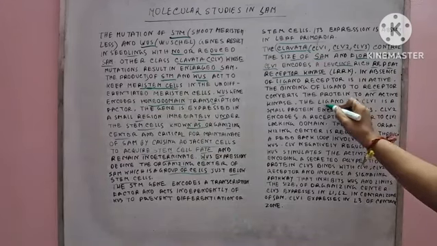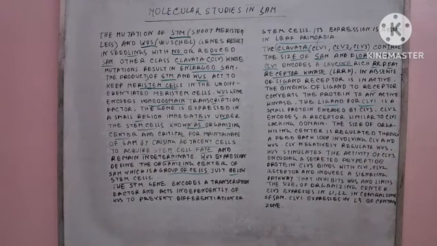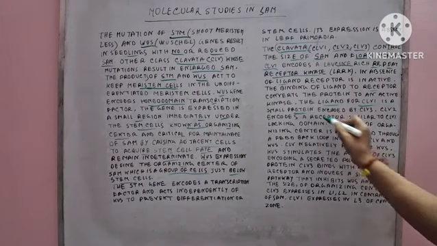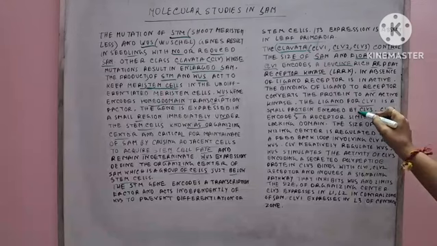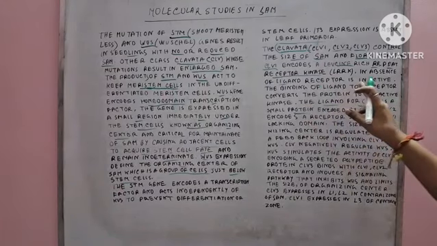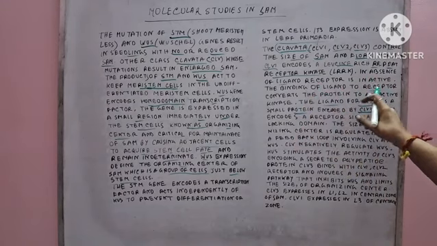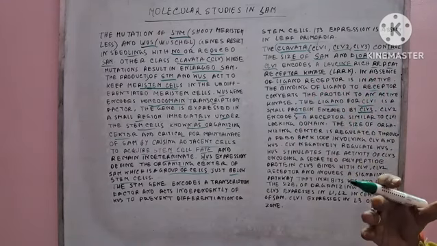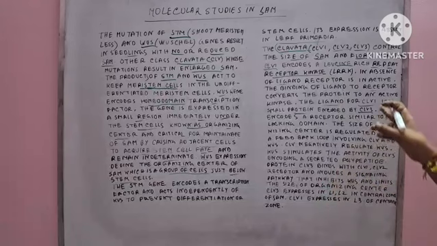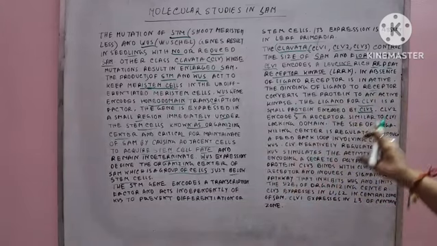The ligand for CLV1 is a small protein encoded by CLV3. So the protein that is bound with the CLV1 is bound with the help of CLV3. Clear?